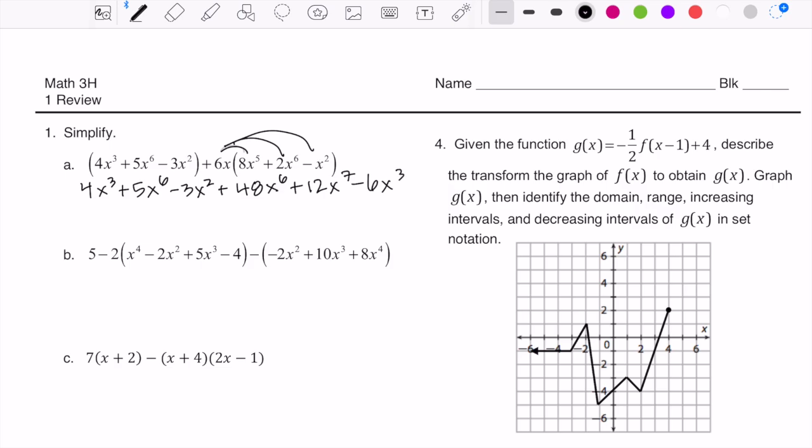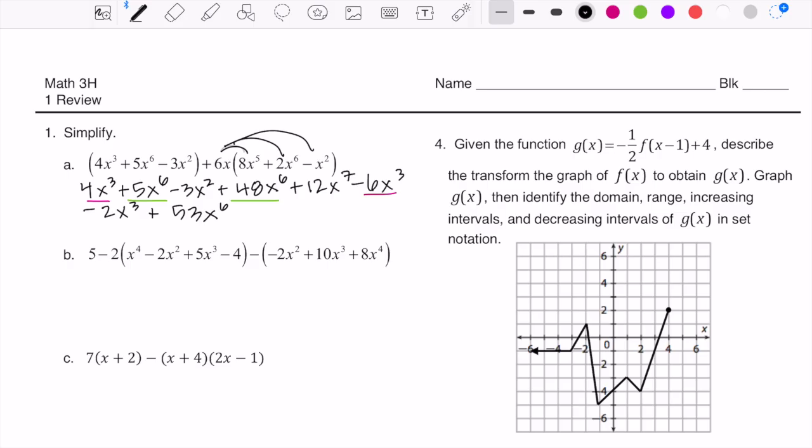And then from here, we just got to combine like terms. So I have a 4x cubed here and a negative 6x cubed. That's going to be negative 2x cubed. Then I have a 5x to the 6th and a positive 48x. So that will be 53x to the 6th.